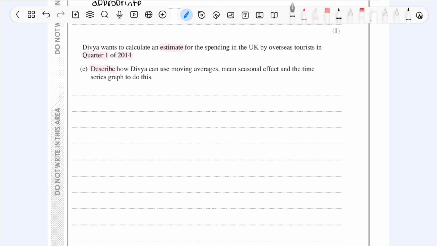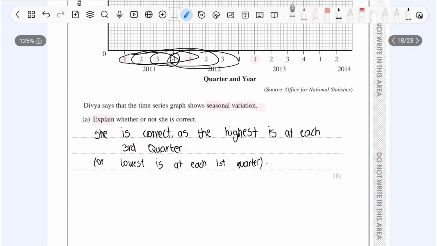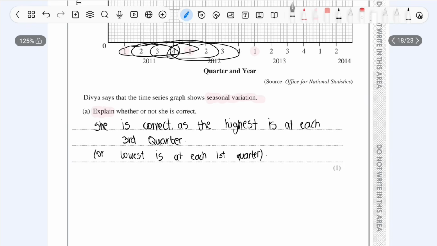Well, the first thing I said is that we need to plot 4-point moving averages. And now with the averages, we plotted all these points and then we drew the trend line.